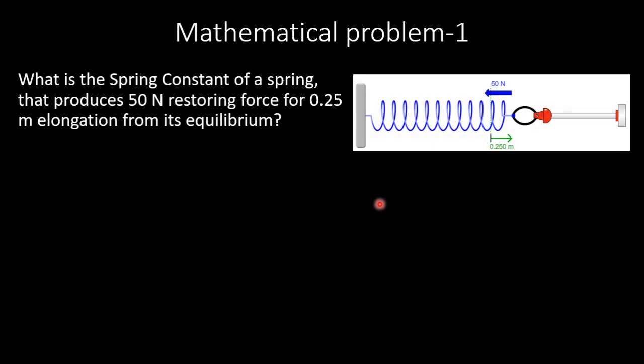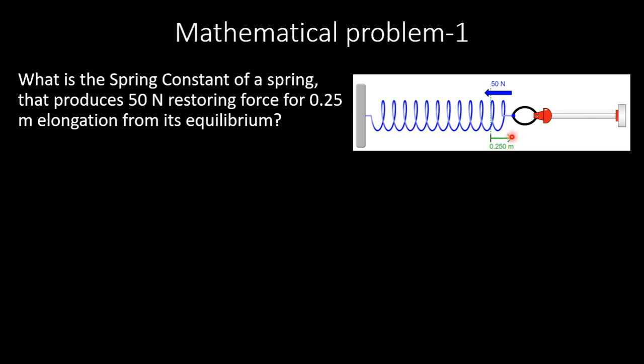Now we will solve some mathematical problems. What is the spring constant of a spring that produces 15 Newton restoring force for 0.25 meter elongation from its equilibrium? So you are provided with a spring, then 15 Newton restoring force acting on it due to an elongation of 0.25 meter.